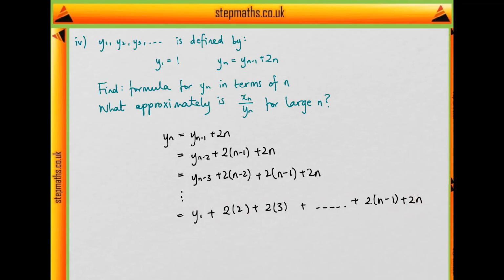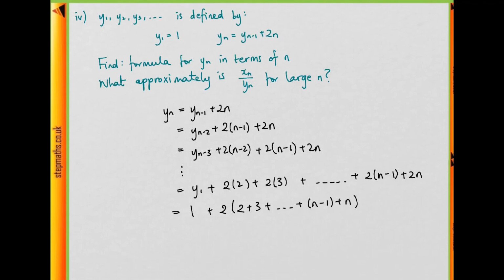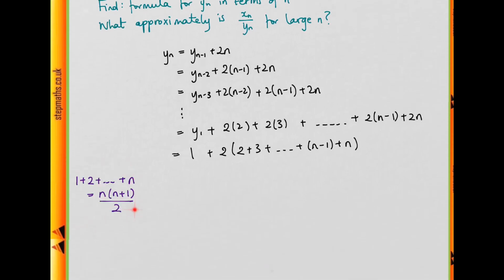So if we use that y1 is equal to 1 and then factorize all of these 2s, we see what we have is 1 plus 2 times the sum of the integers from 2 till n. And we can use the formula for the sum of the first n integers to work out this.